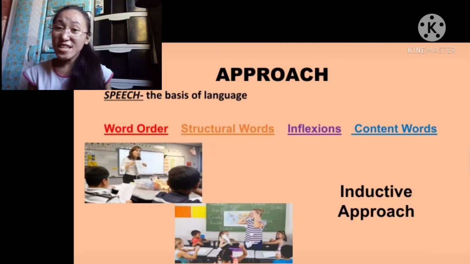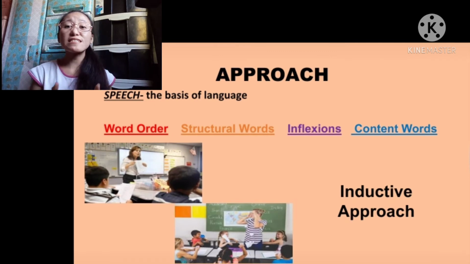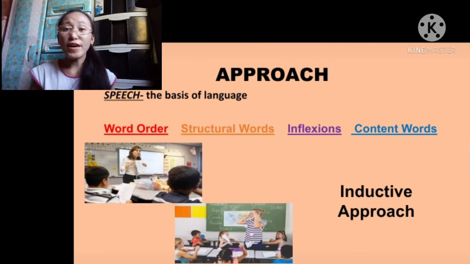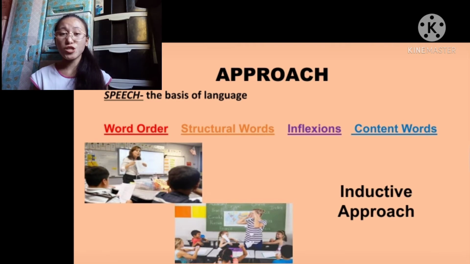In situational language teaching, speech is regarded as the basis of language. Students are taught the basic grammatical structures of English: word order, structural words, inflections, and content words.